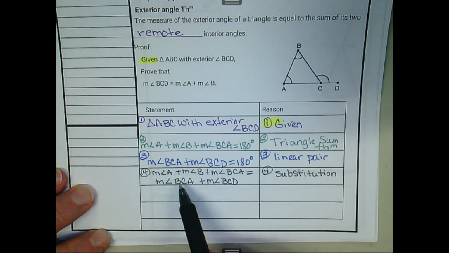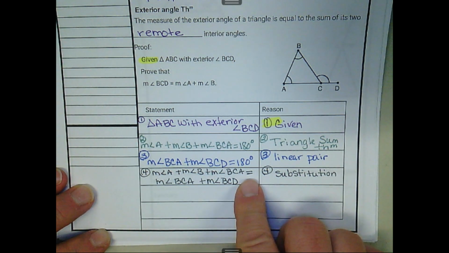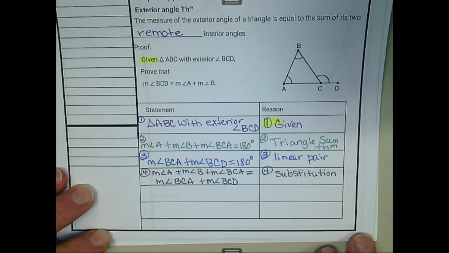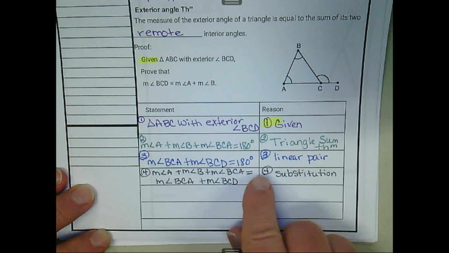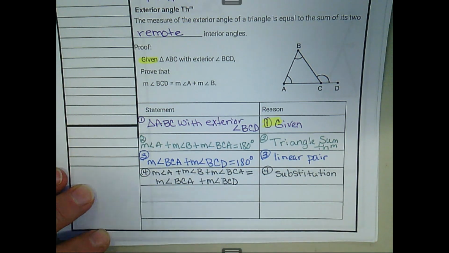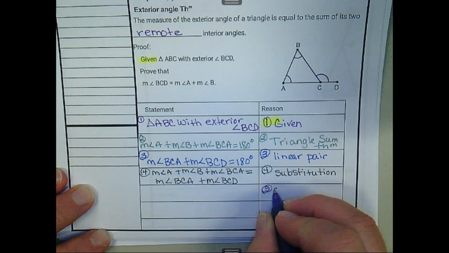If I have that same number on opposite sides of my equal sign, how do I remove it? How do I remove a number? I subtract it. So we're going to use subtraction next.